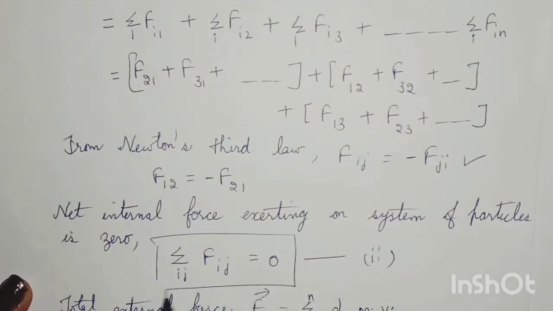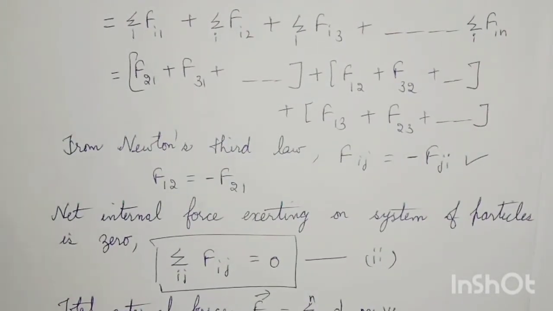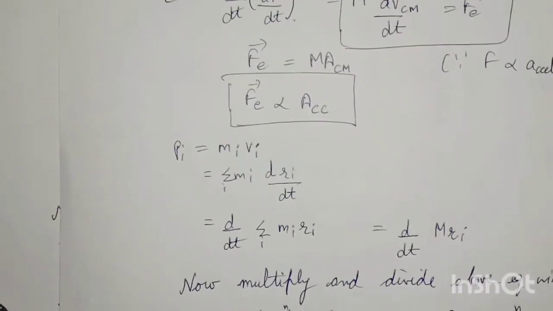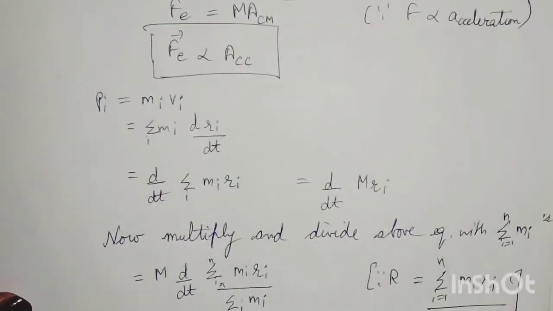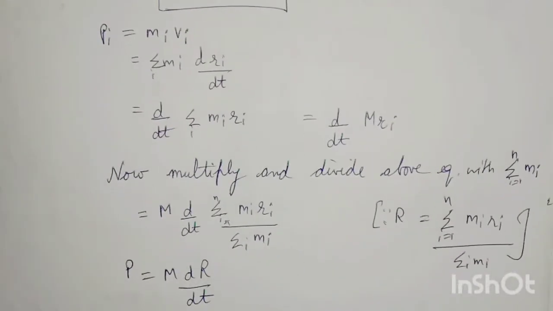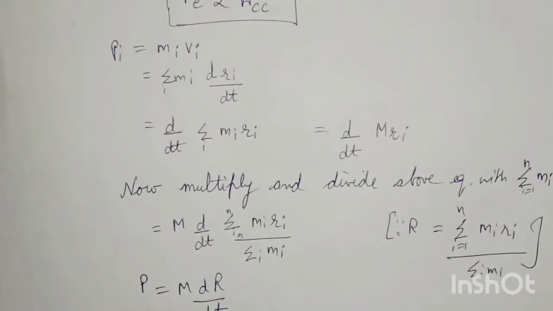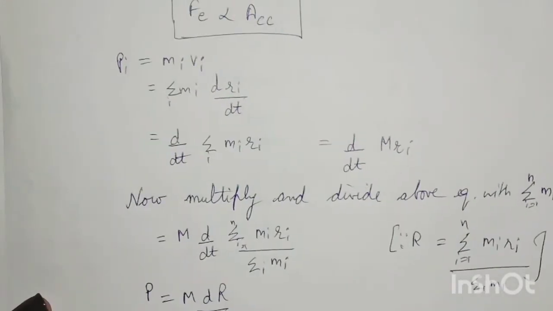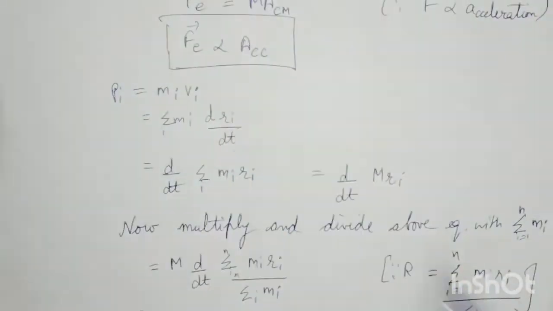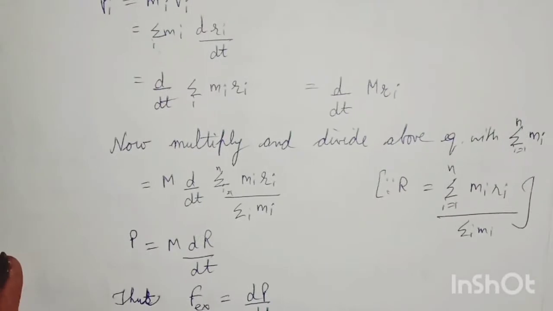F internal's value is 0 and F external is this m dR upon dt.